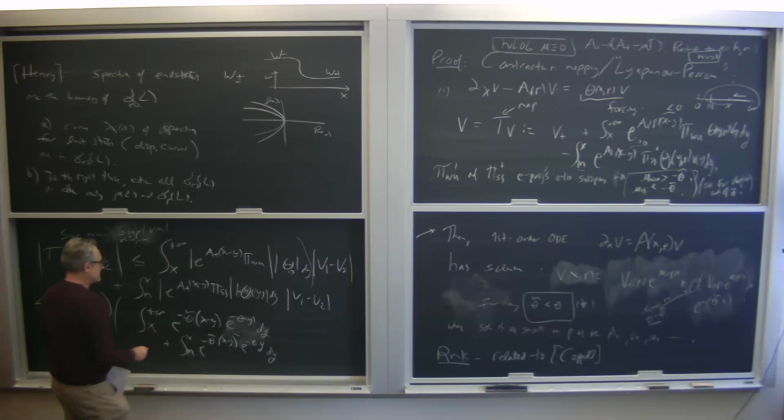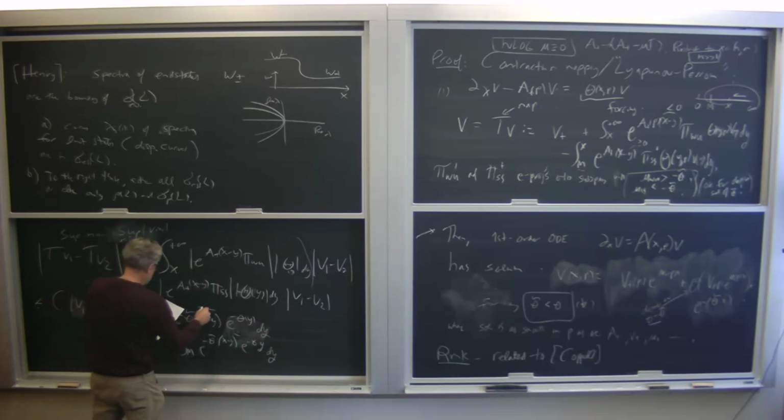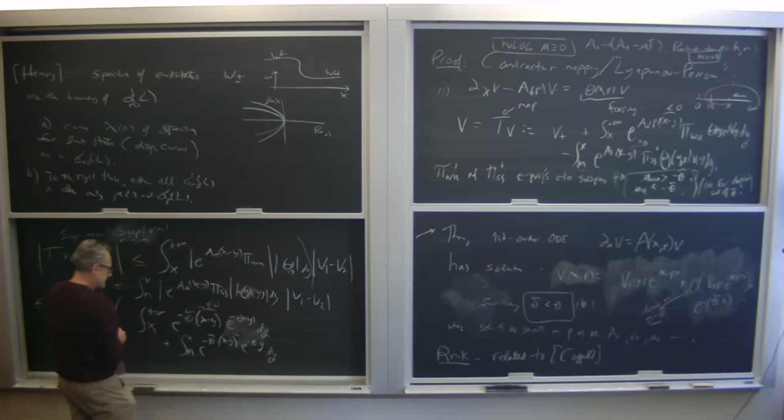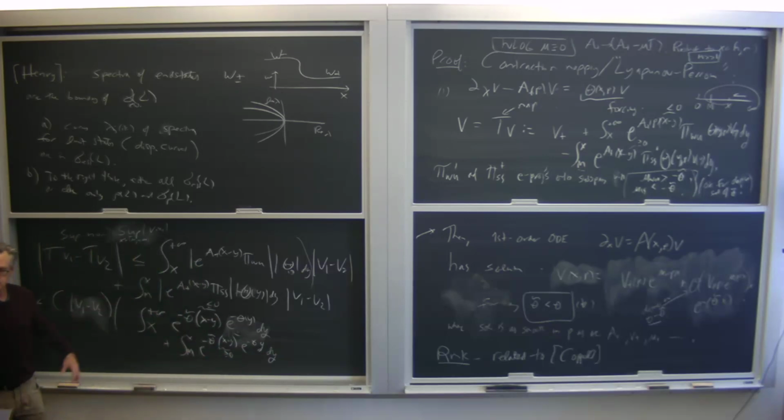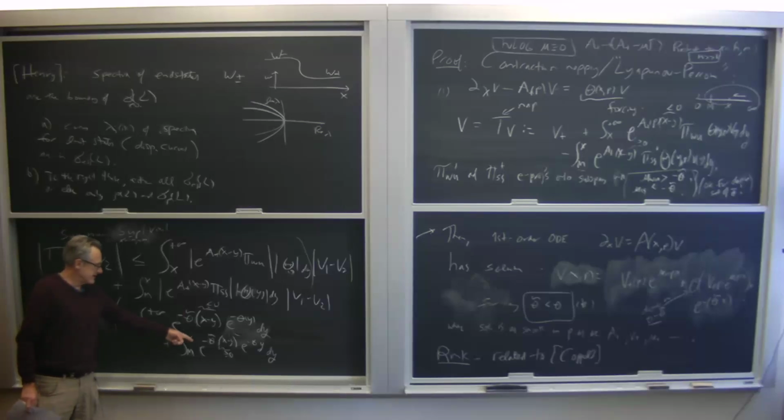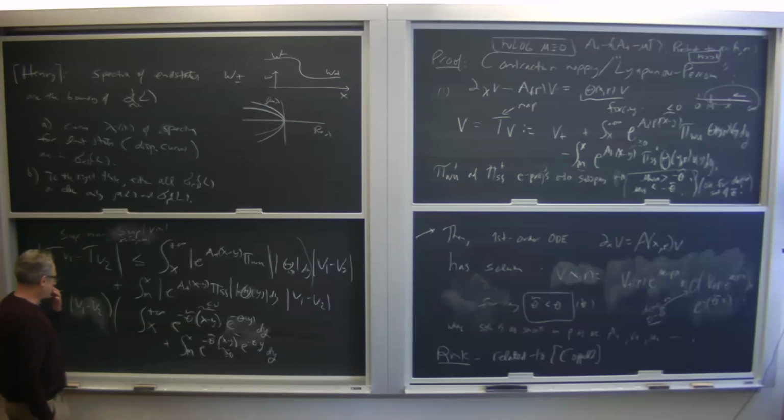What I'm using is that this exponent is less than or equal to 0 here, and this one is greater than or equal to 0. That's where I get my two bounds. And the interesting thing is, these are exactly the same expressions. It's very funny, and that's what greatly simplifies this argument.